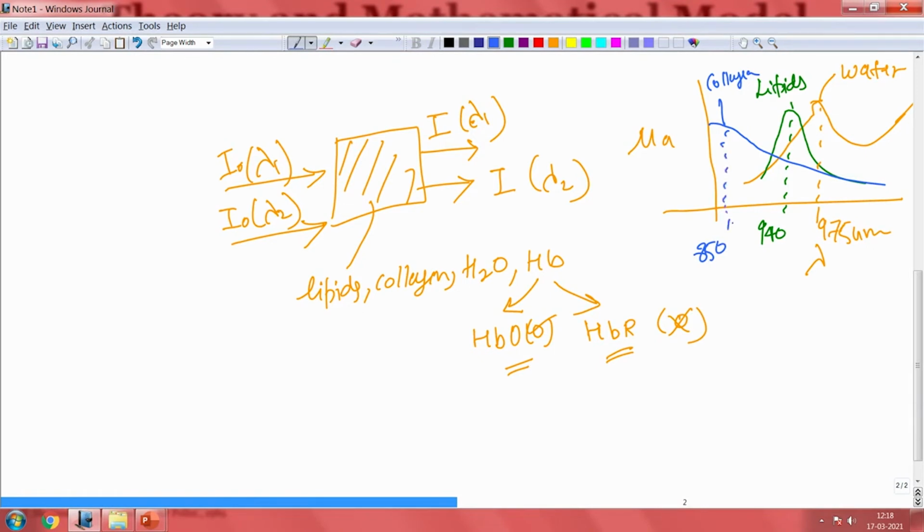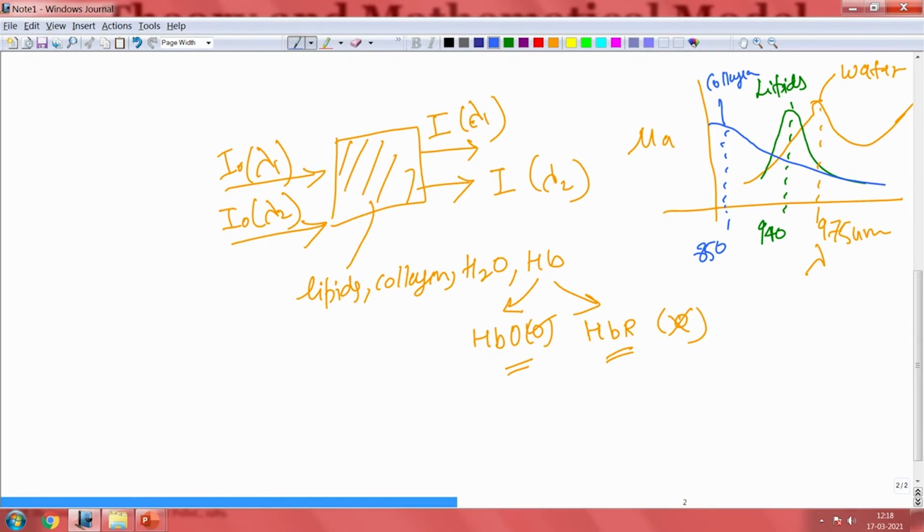So, the way the light gets absorbed at different wavelengths is different for different constituents. For hemoglobin again it varies accordingly, for both oxygenated and deoxygenated hemoglobin.